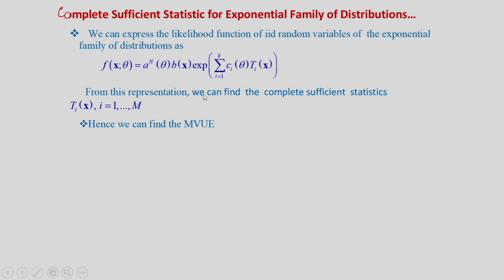From this representation, we can find the complete sufficient statistic ti(x) for i equal to 1 to k. Hence, we can find the MVUE as a function of this ti(x) which is unbiased, and we know that only one unbiased estimator exists and which has variance less than or equal to the variance of any other unbiased estimator. Therefore, that estimator will be the MVUE.